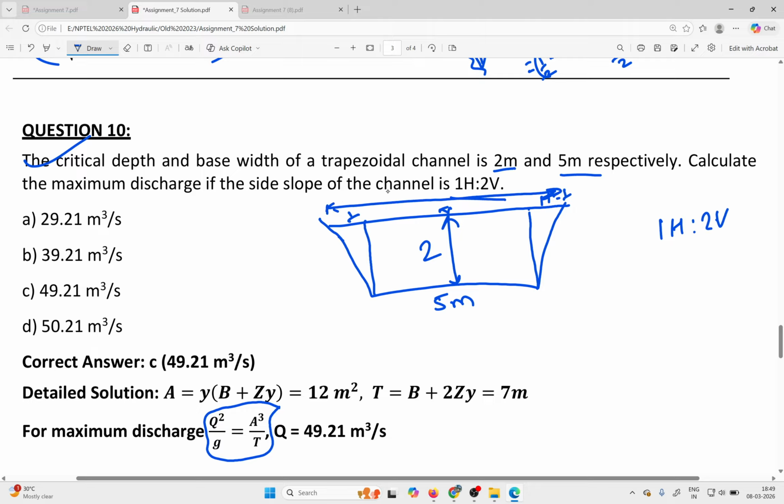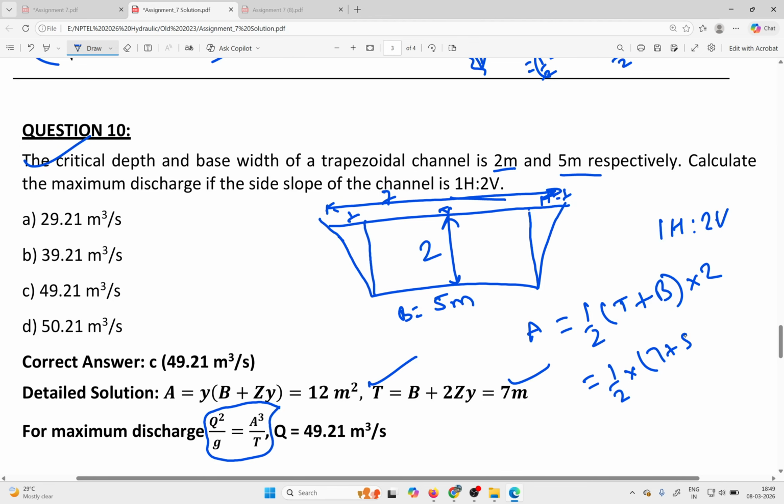So here you can see your T is coming 7, and your area you can calculate very easily. Half of top plus base into H. So half 7 plus 5 into 2.